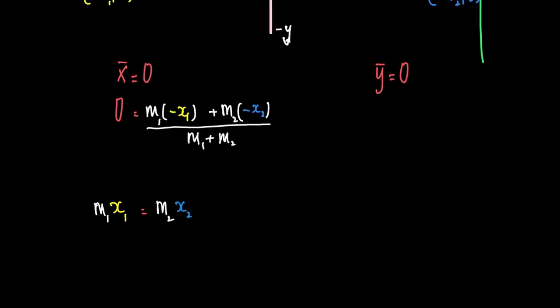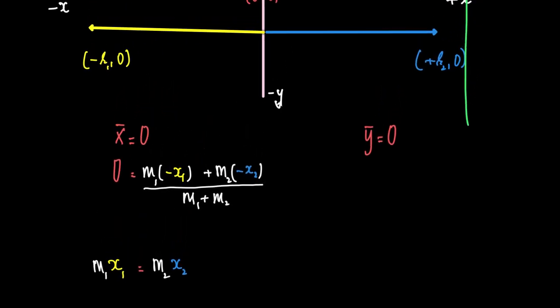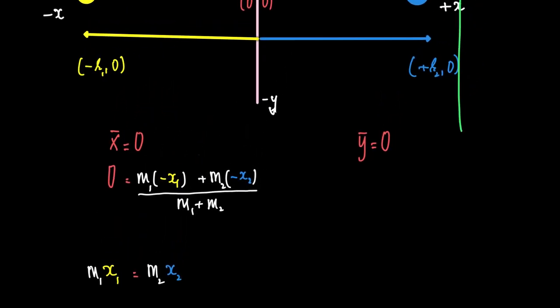So if we calculate x bar from this expression, what do we get? x bar is equal to 0. Why? Because it is at the origin. So 0 is equal to m1 x1 plus m2 x2 by m1 plus m2. So we have here m1 x1. What is x1? It is minus r1. My bad, I have written this wrongly.